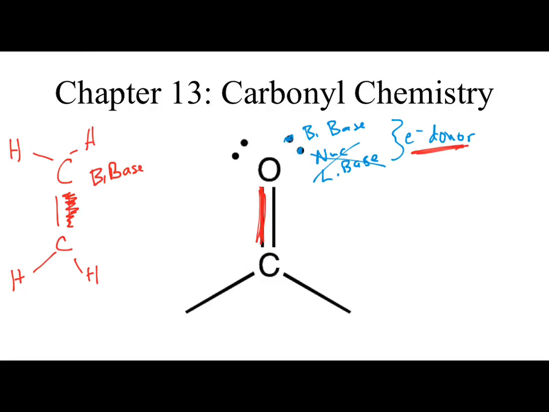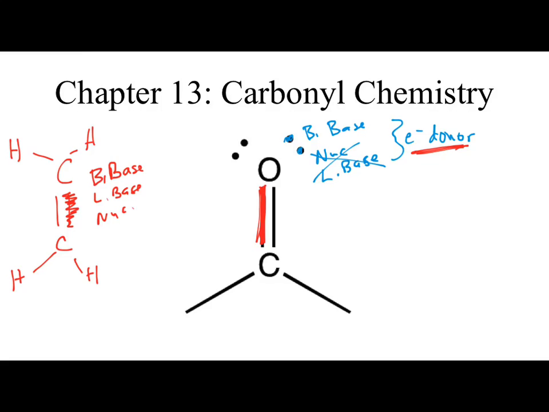Source of electrons. We could see it act as a Lewis base, potentially a nucleophile. If we go through and try to apply that back to our pi bond, do all of those match as easily? Why not?